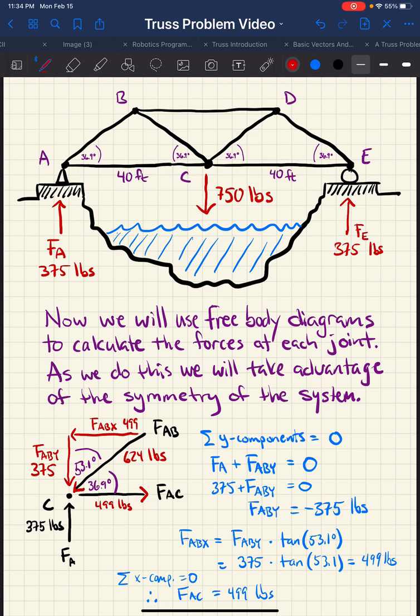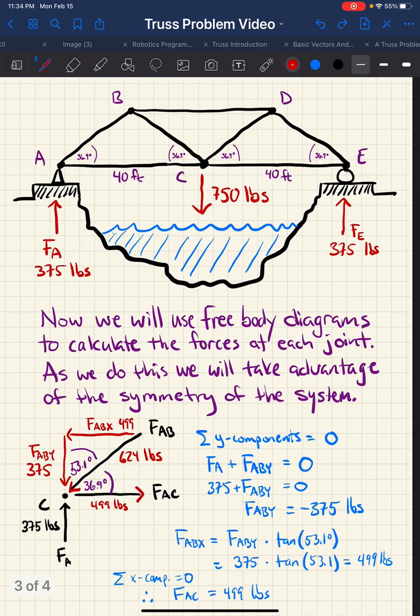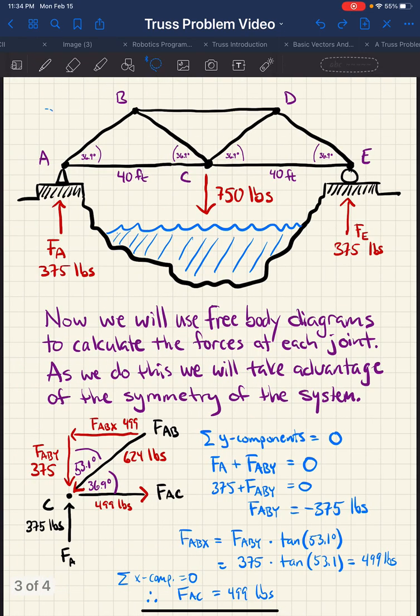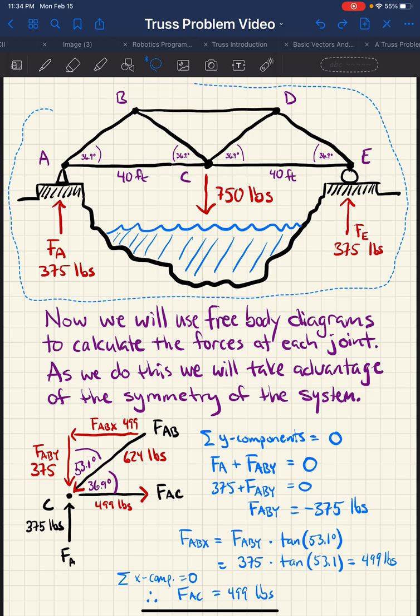So we could take 375 squared plus 499 squared, take the square root. So if we come over here, I'm going to bring this diagram over.